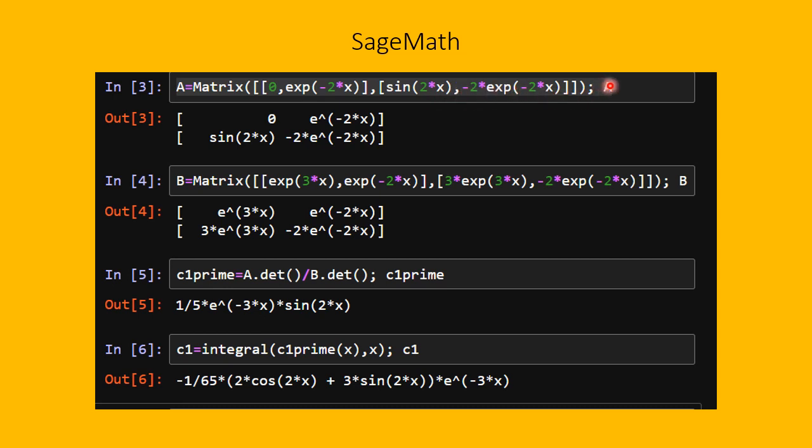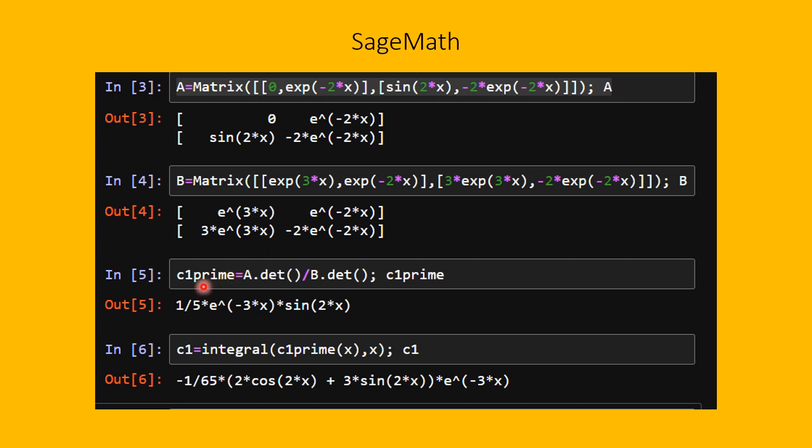Then we can print out A. When we execute this command by hitting Shift-Enter, here is A. We can define B similarly to be this matrix here. These are the numerator and denominator matrices used in the calculation of C1 prime.